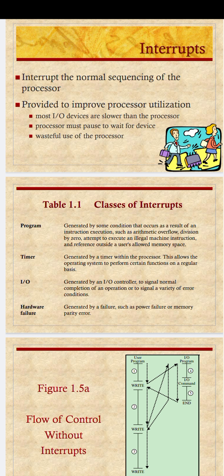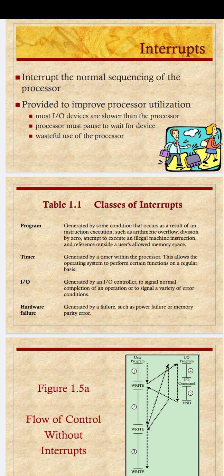Interrupts are provided to improve processor utilization, because most input and output devices are slower than the processor. The processor must pause to wait for the device. The processor has to stop.